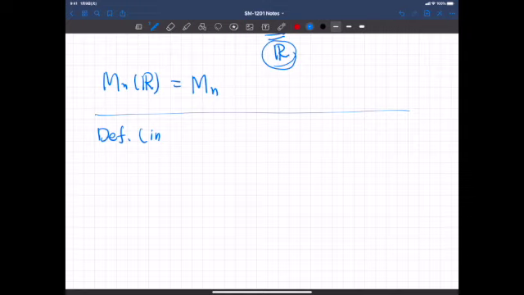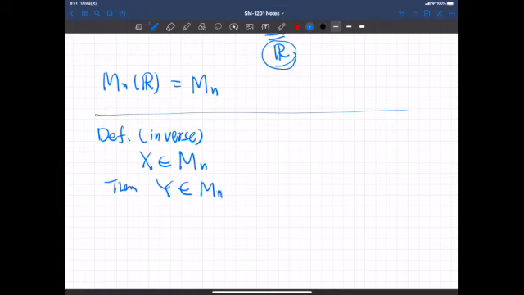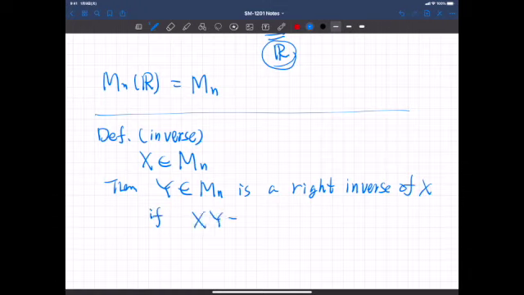Suppose we have an n by n matrix X. Then another n by n matrix Y is a right inverse of X if we have X times Y equal to the identity.